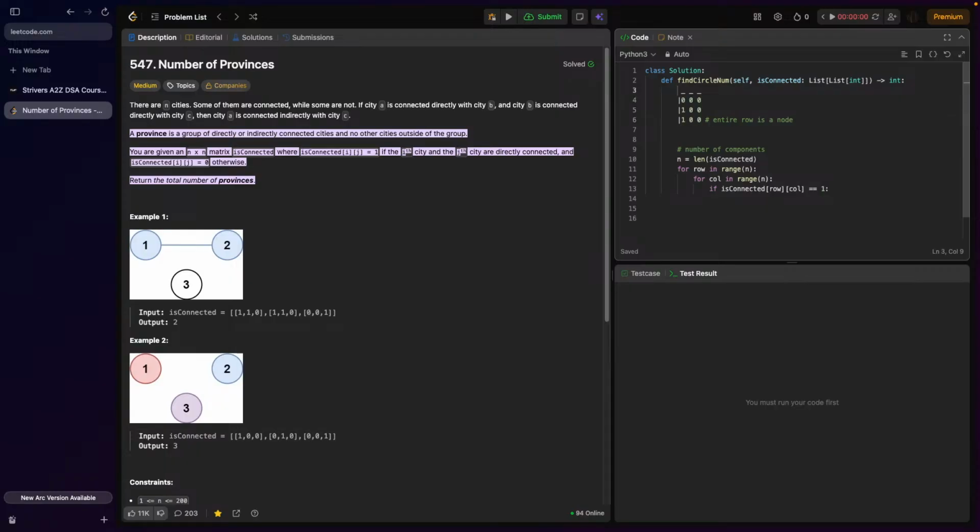What is connected to row 2? Only and only 0. So this will become 1 and 1. Since I'm connected to row 0, I can say that 0 is here. Then I also have to say 0, 2.